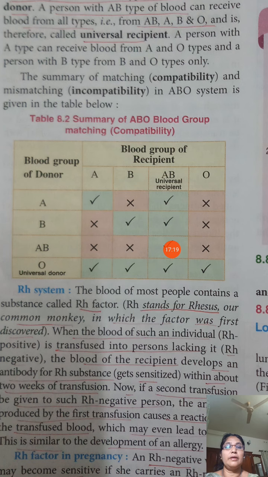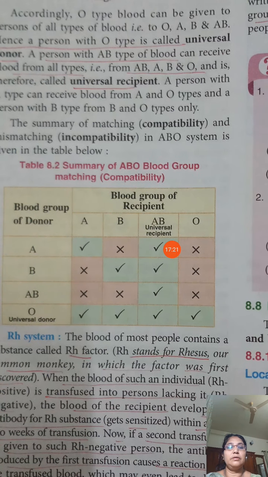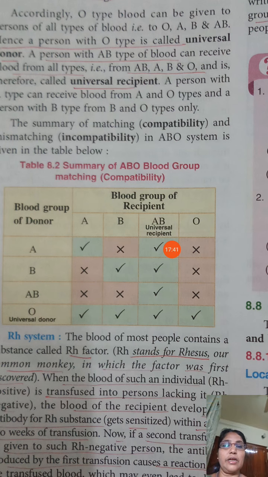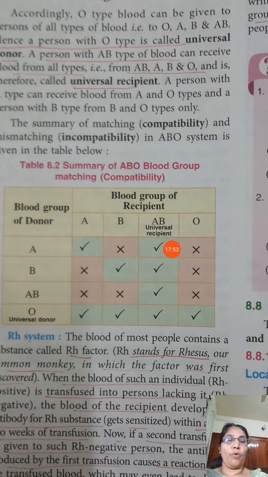AB person is universal recipient, so AB person can receive blood from any other group of the donor. AB can give only to AB person, then O group can give blood to all other groups.